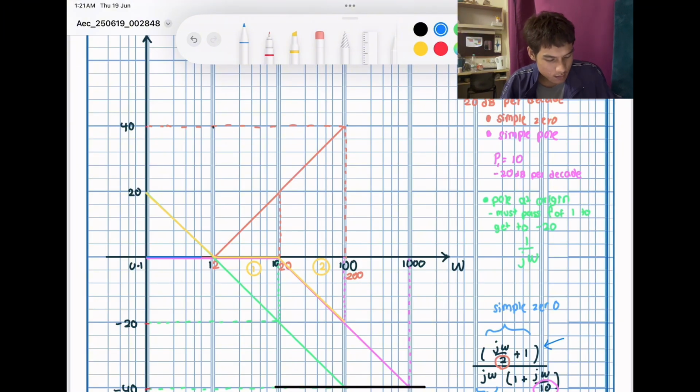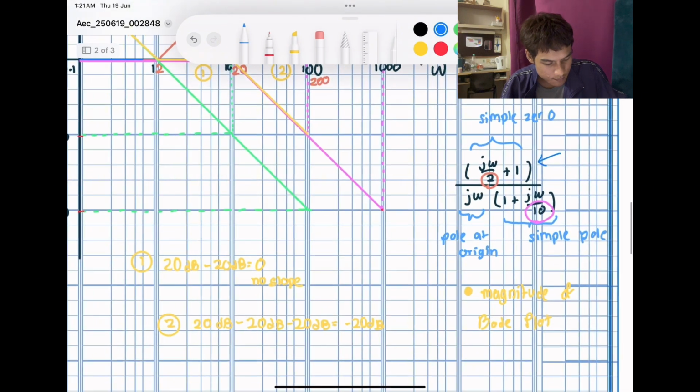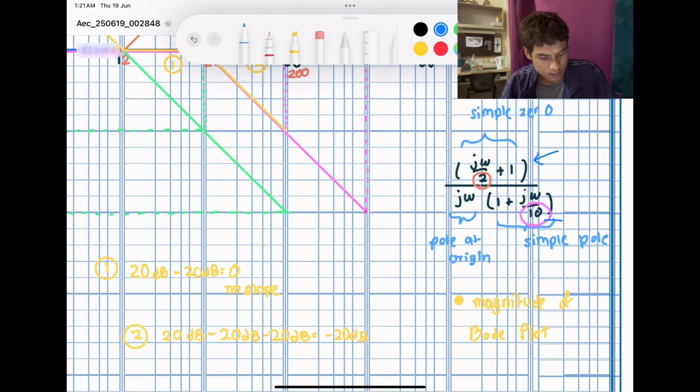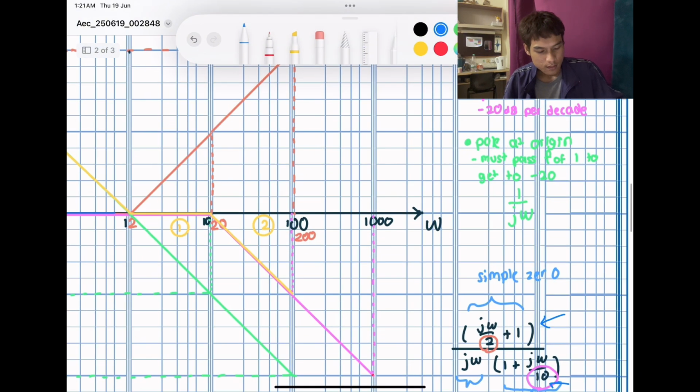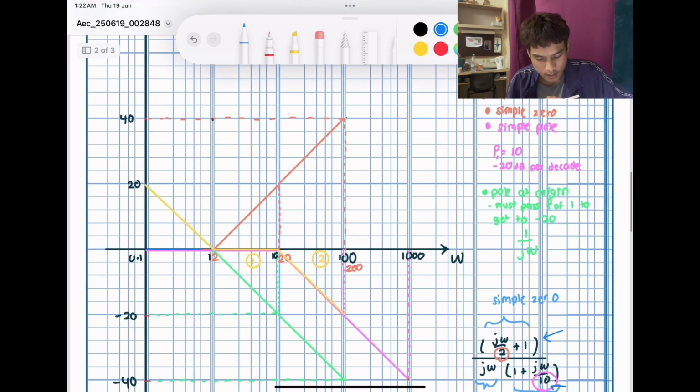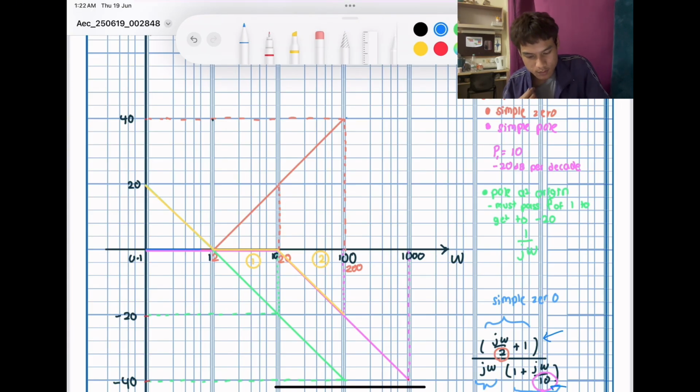From this function, our pole will be 10. This means that the line will reach until the frequency of 10, then it will decrease at negative 20 decibels. It is the same as before. The line for the simple pole will start from here and reach until 10.